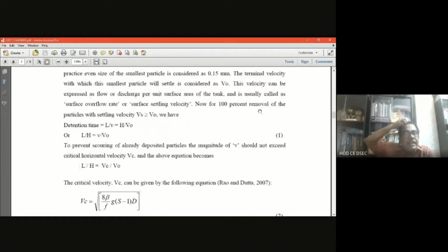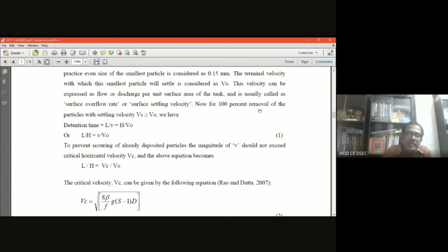Now what is detention time? Time is distance by velocity, that we know. So what is the distance? Horizontally, the distance traveled is the whole length L, with horizontal velocity V. Vertically, the distance is H with settling velocity V0.